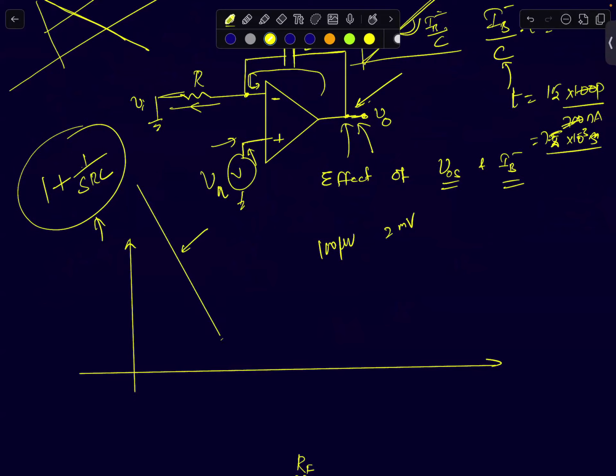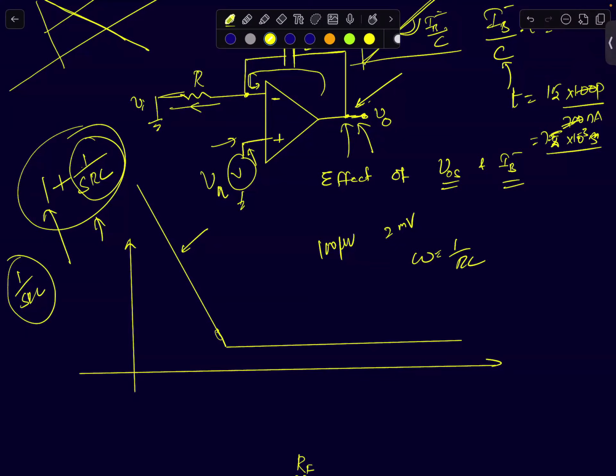And after a certain frequency, after omega equals 1 by RC, this 1 by SRC term will become smaller than 1. From then onwards, it will remain flat like this. This 1 will dominate. 1 plus a number that's smaller than 1, we can ignore it. It'll be constant. I'm plotting the magnitude response.